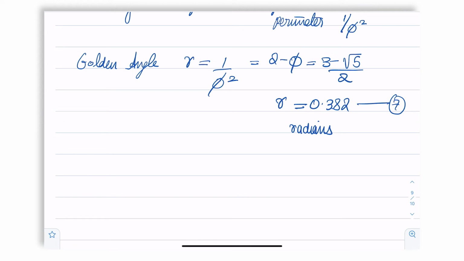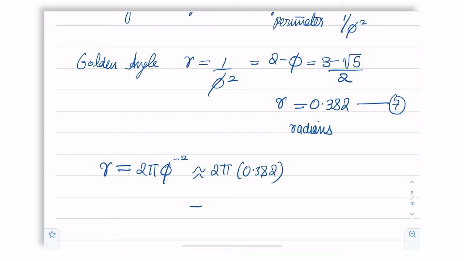To get it in degrees, we say gamma is equal to 2 pi phi inverse squared, which is approximately 2 pi into 0.382, and the answer becomes 2.4 radians.